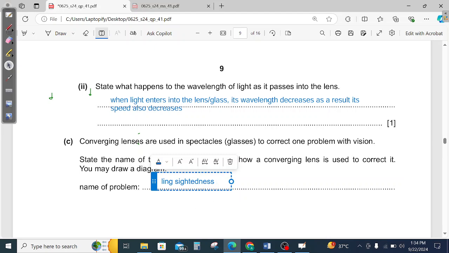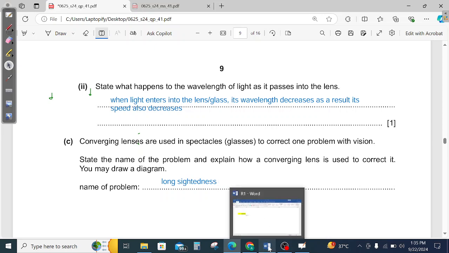In long sightedness you can see the far distant object easily, but you cannot see the nearby object. Nearby objects will be blurry for you, and distant objects will be clear. This disease can be corrected by using a converging lens.